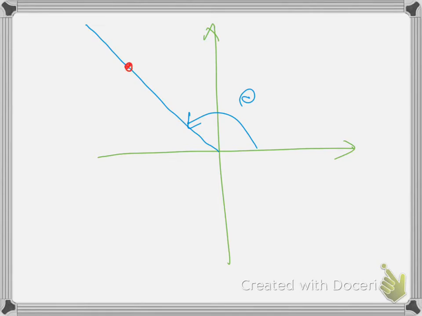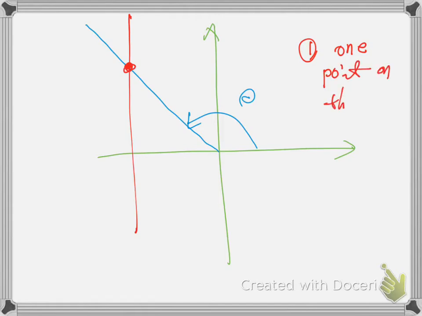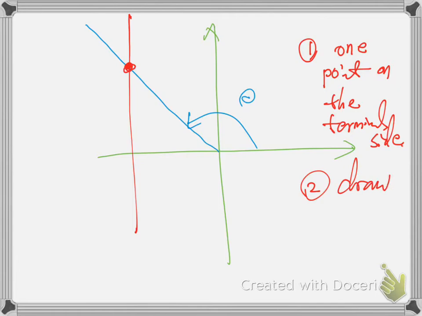You pick a point on the terminal side and you draw a vertical line to make a right triangle. So first, one point, any point on the terminal side, and then draw a vertical line to make a right triangle.